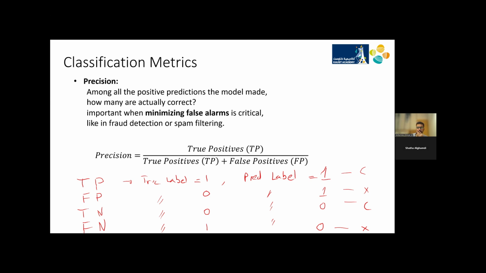Okay. So why do we need this? Because let's consider the same example of spam filtering. In that case, our model always made the prediction that the output is negative, if we consider that spam is positive and non-spam is negative, right?